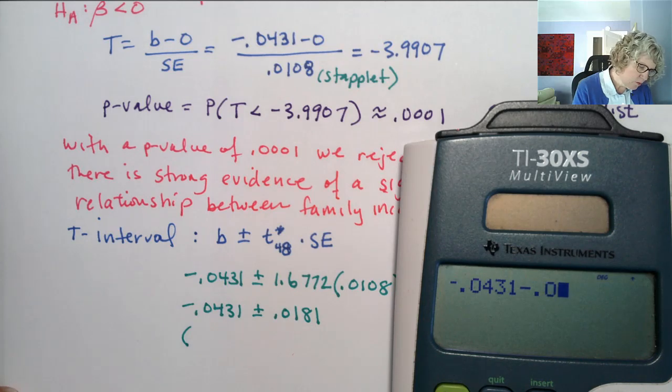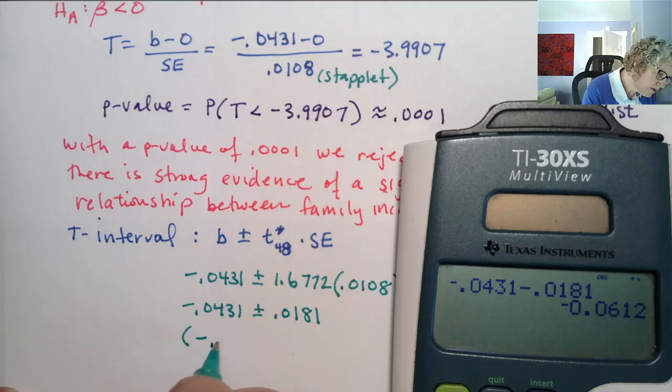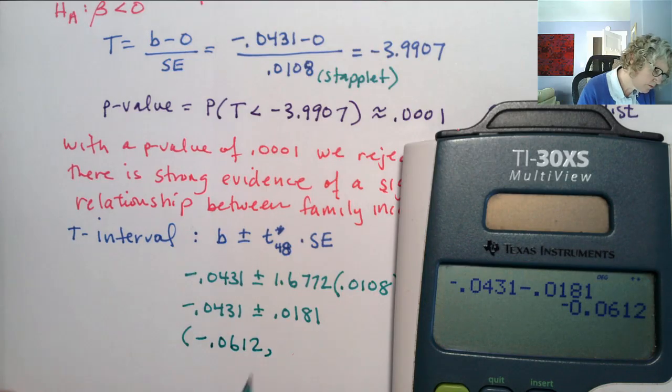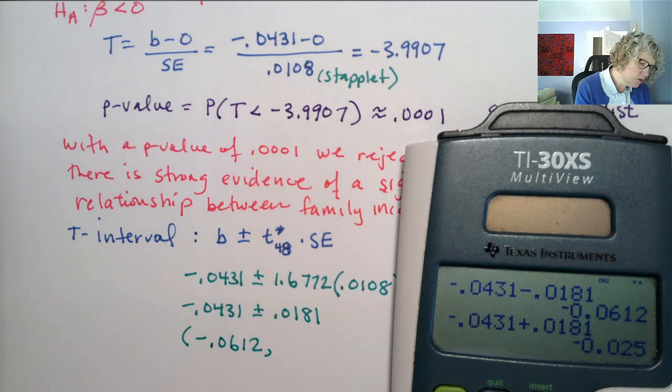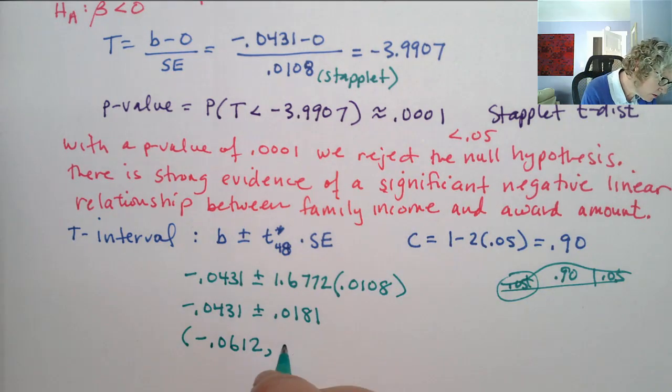Minus 0.0181. So negative 0.0612. And then the plus, negative 0.0431 plus 0.0181. Negative 0.025.